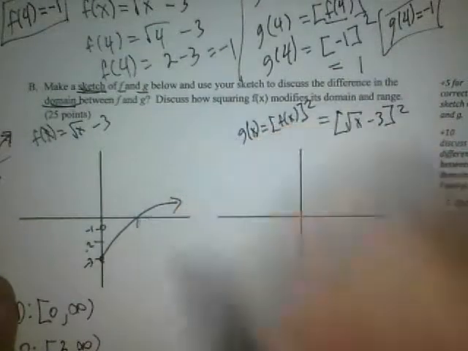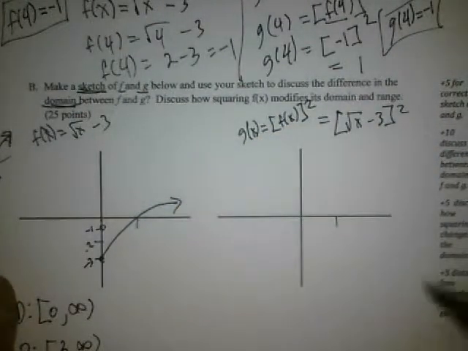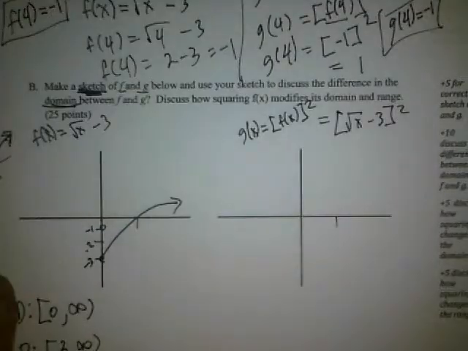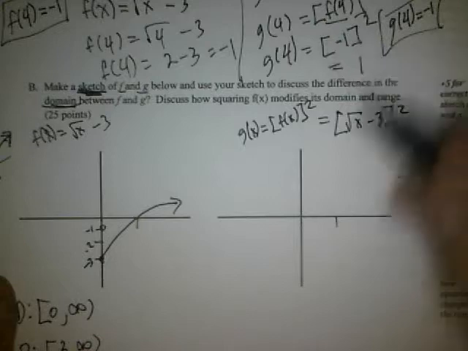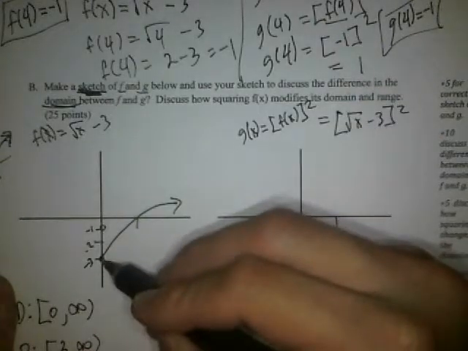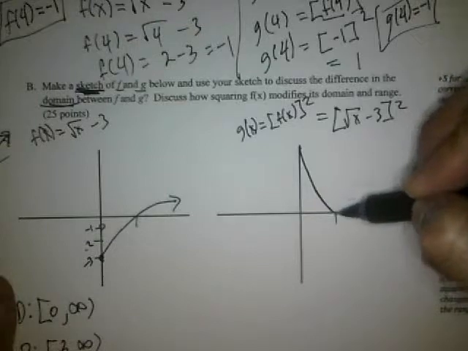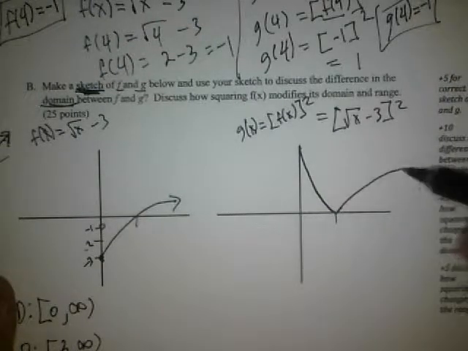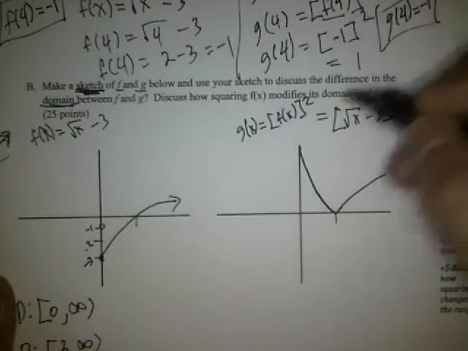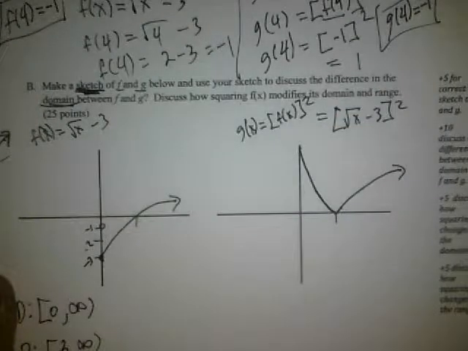If you notice, it hits here. We don't know exactly where that is, but we don't need to know exactly, because the key thing is it is a sketch. So it doesn't have to be perfect. That means it's going to flip up here. It's going to go down like this, and it's going to probably bounce off like that. So this is the graph of g of x here.